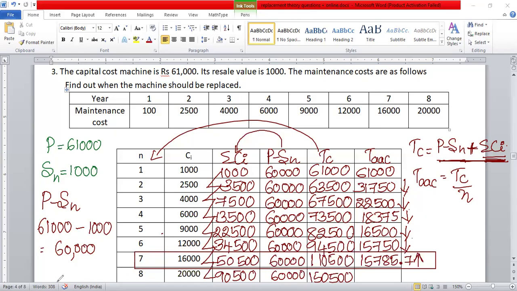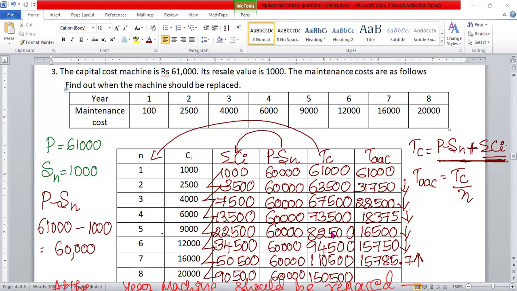So what is the comment there? At the 7th year, machine should be replaced. Oh, sorry, I'm so sorry. Not 7th year. Not 7th year, 6th year.